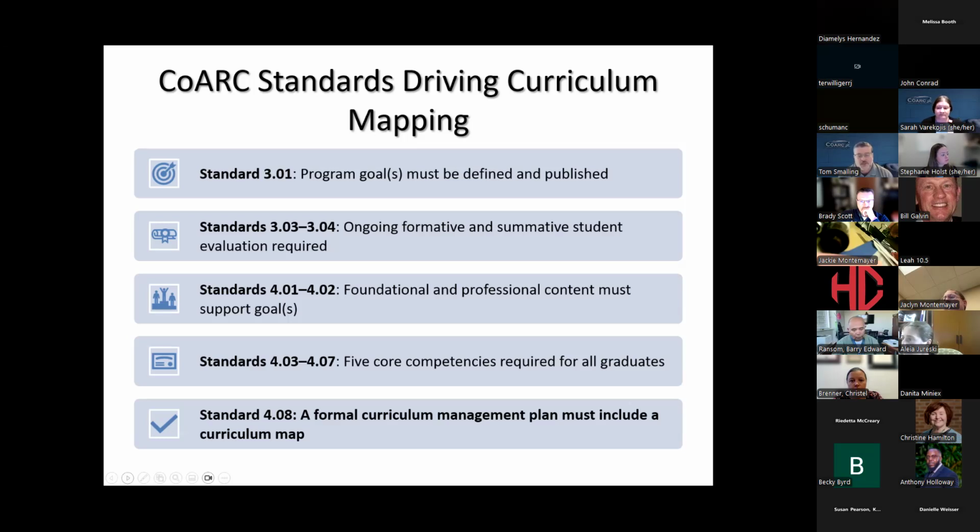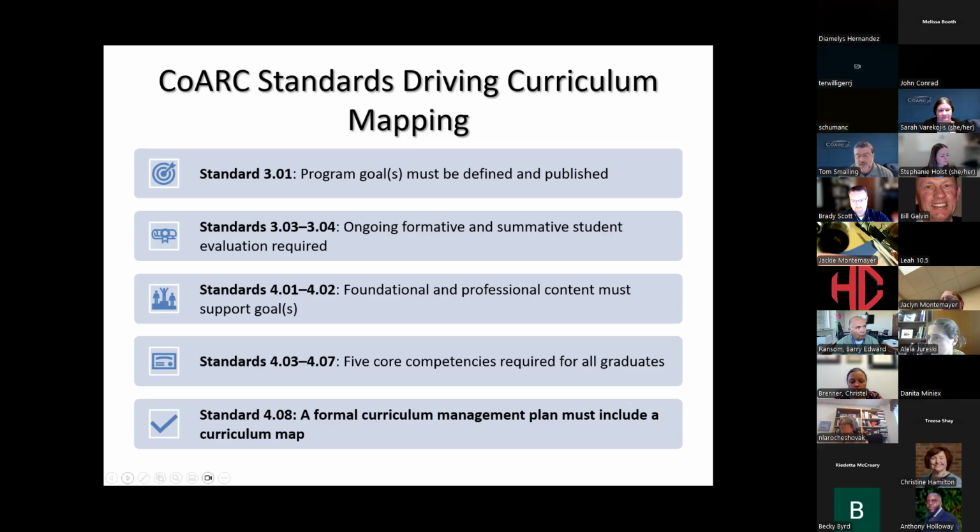Section 3 also has the assessment part. And assessment is how you're going to evaluate those competencies and how you are going to reevaluate those competencies.